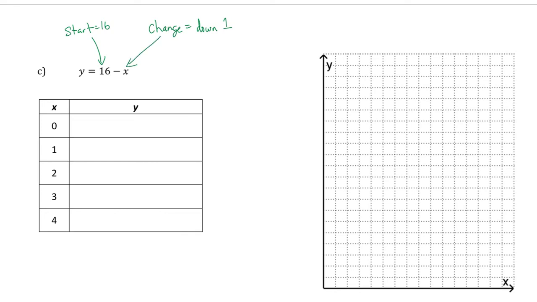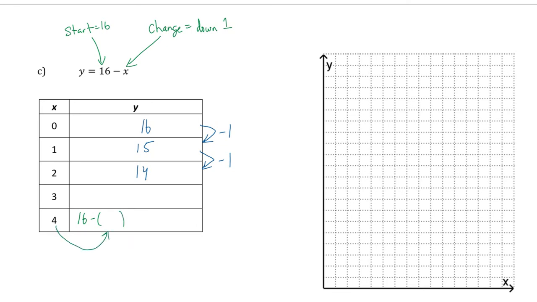Okay, so I can fill out my chart here. I'm starting at 16, so here's my 16. Then I'm going down 1, or 16 subtract x. X is 1, 16 minus 1, or down 1, is 15. Down 1 more is 14. I'm going to do the same thing I did last time and use my other strategy. 16 minus x.